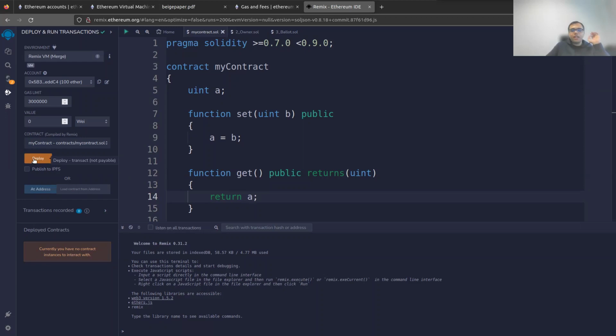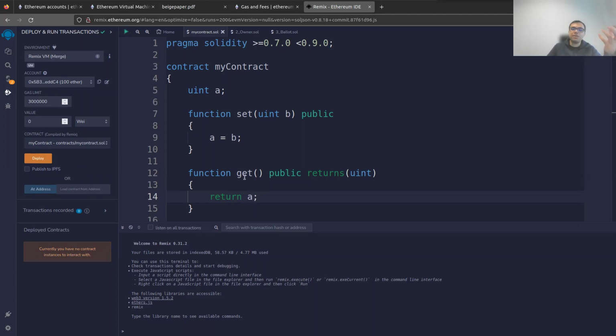When I deploy the contract, I'm creating a transaction that contains the bytecode of this contract, and I'm sending that transaction on the network. Then I wait for a miner to pick up that transaction and add it to the blockchain.